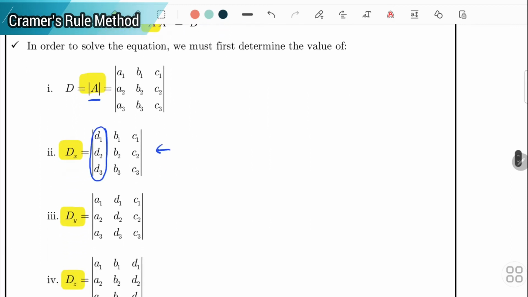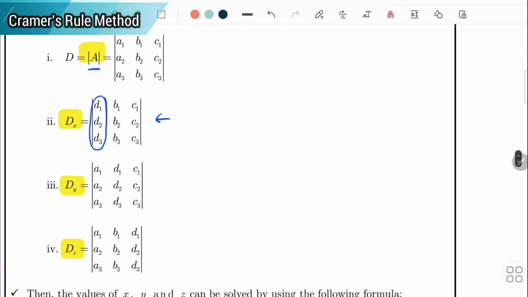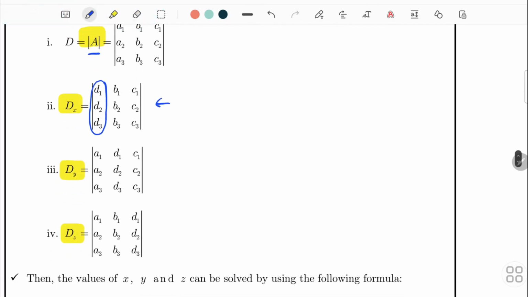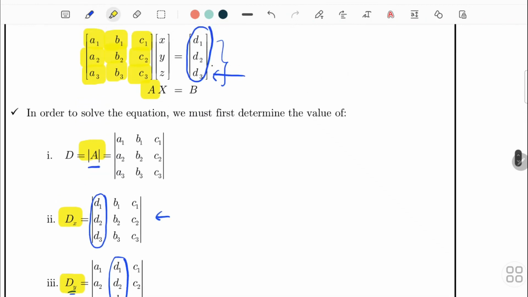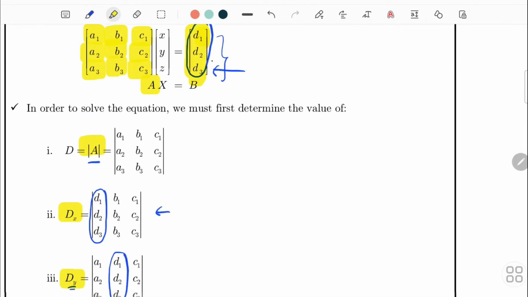Then we proceed with finding its determinant. The same goes for D sub Y. D sub Y is the determinant of the matrix with the second column replaced by matrix B.